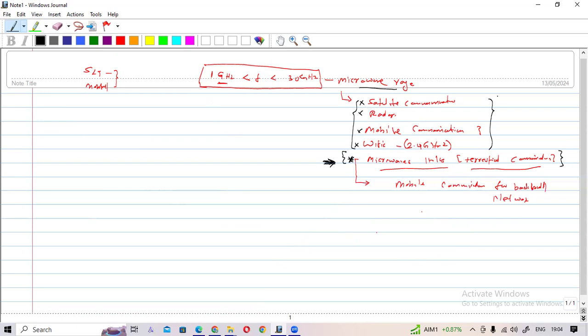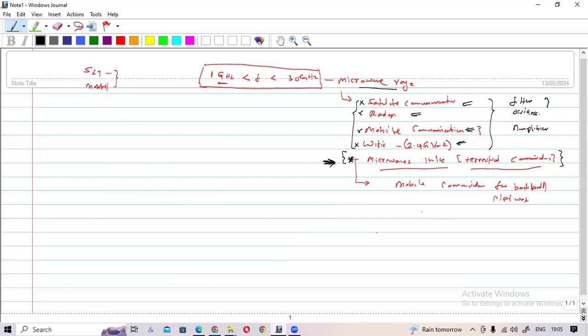And also, as I told you, when we are designing these circuits, satellite circuit, radar, mobile communication, Wi-Fi, for that we have to develop filters, oscillators, amplifiers, circuit components, and antennas.